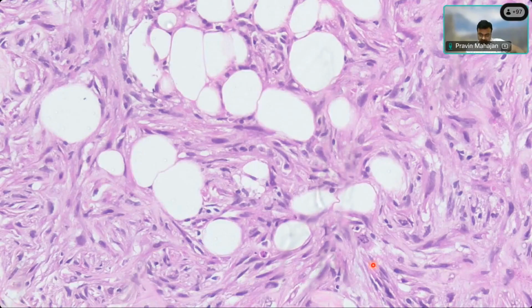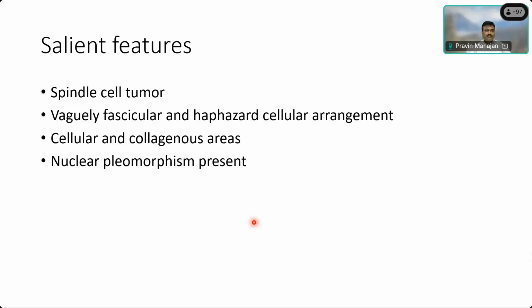And you see here, this looks like a mitosis. So there are mitoses sprinkled in between also. So again, same thing, it's a spindle cell tumor, right? Then you have weak fascicular or haphazard cellular arrangement, which you rightly said. There are cellular areas and some collagenous hypocellular areas, nuclear pleomorphism, and some mitotic activity.